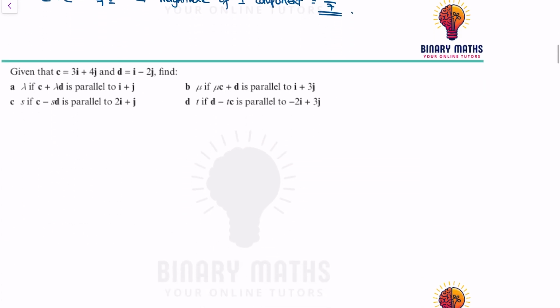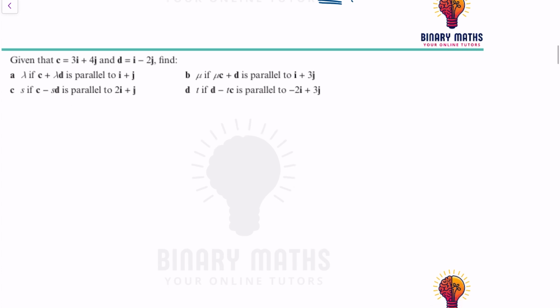Okay, next question. Given that C is equal to 3i plus 4j and D is equal to i minus 2j, find lambda if C plus lambda D is parallel to i plus j. So C is equal to (3, 4), and D is equal to (1, minus 2).